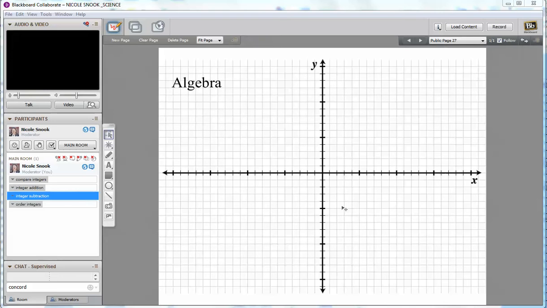In this particular example, I am using integers, and in each breakout room is a game that the students play individually. It's interactive online, and there are different levels for each of the games in the breakout rooms.